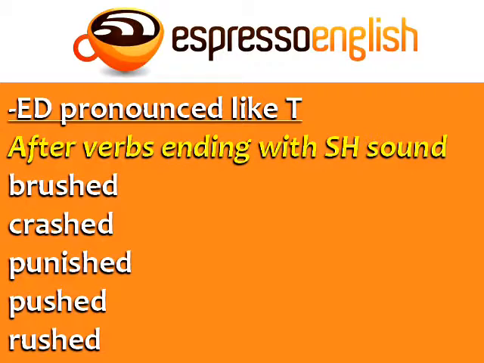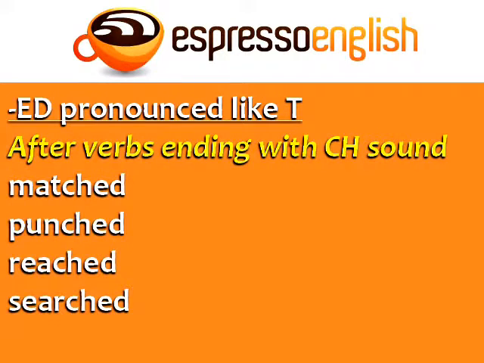Ed is pronounced like T after verbs ending with an SH sound. Brushed, crashed, punished, pushed, rushed, and after verbs ending with a CH sound. Matched, punched, reached, searched.